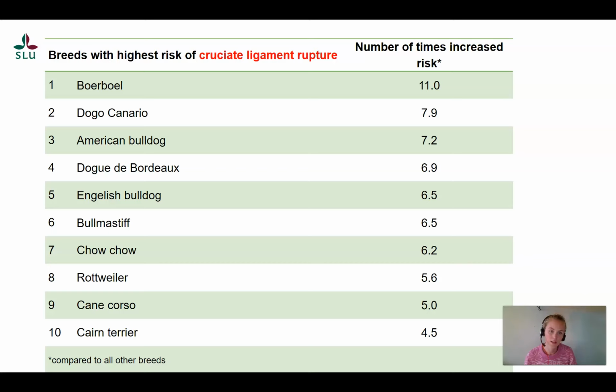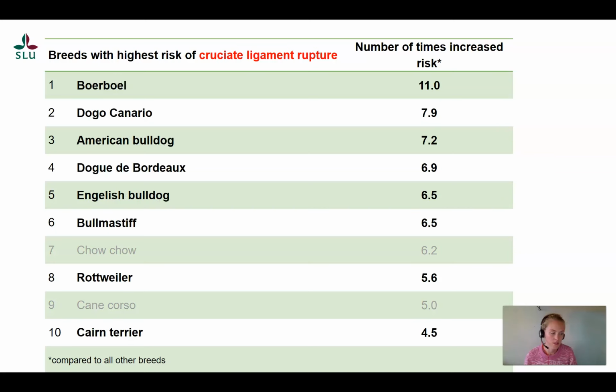And here you can see the breeds that had the highest risk of cruciate ligament rupture, and the number of times the risk was increased compared to all other breeds in the database. Something interesting here is that 8 of the 10 breeds on this list were of Molosser type.